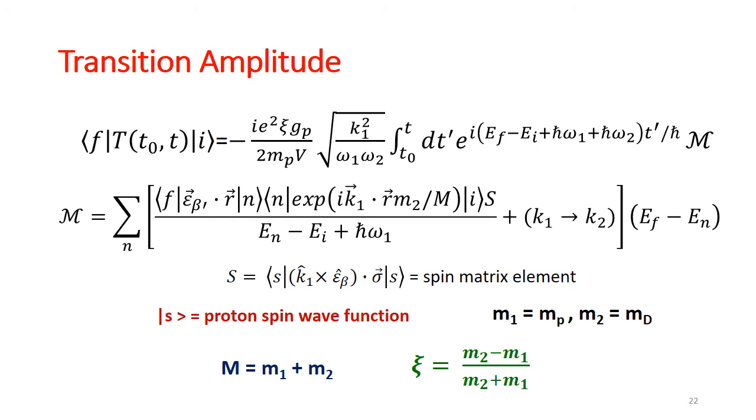So the amplitude is given as a sum over all the energy states, and we have the initial state to the intermediate state and intermediate state to the final state. First let me just mention that the second amplitude basically involves K1 changing to K2 and omega-1 changing to omega-2. There's also this spin matrix element, which involves the overlap of the spin of the proton. This is the spin of the initial proton, and this is the spin of the proton in the intermediate state.